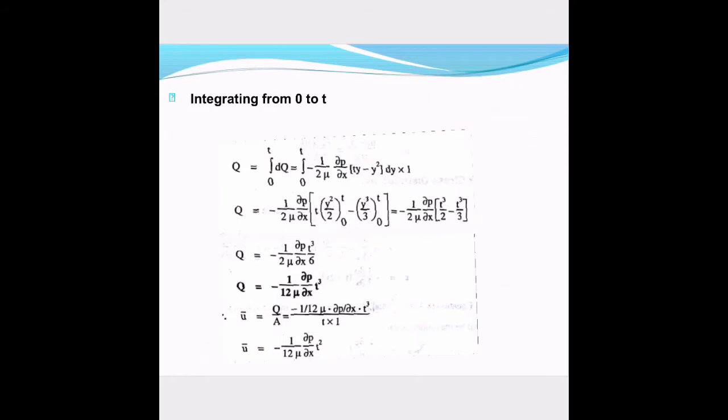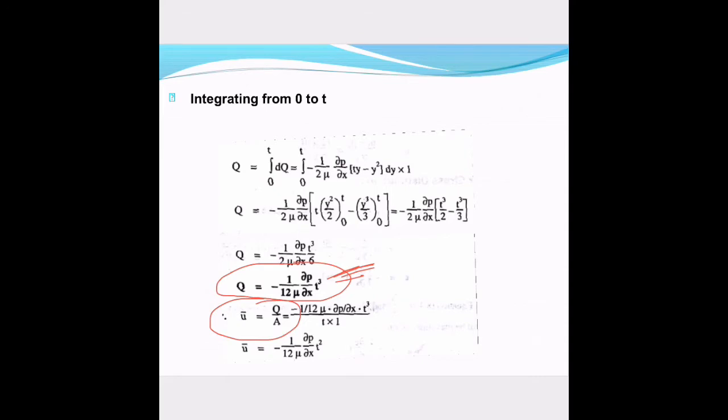Put the limits. I think all of you know how to do integrations and put limits, so it should not create any problem for you. Put the limits 0 to t and integrate it. After integration, we will get the total discharge as q equal to minus 1 by 12 mu del p by del x into t cube.